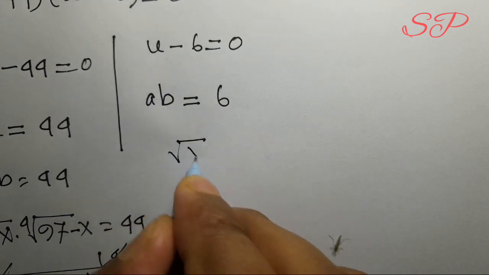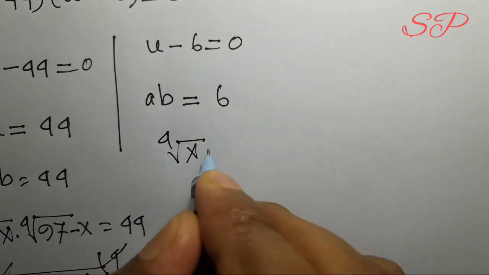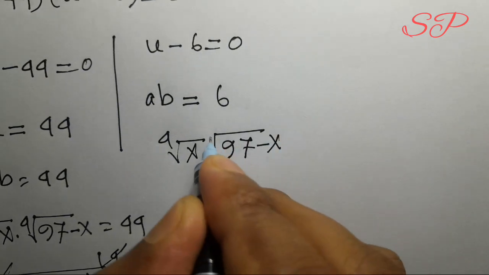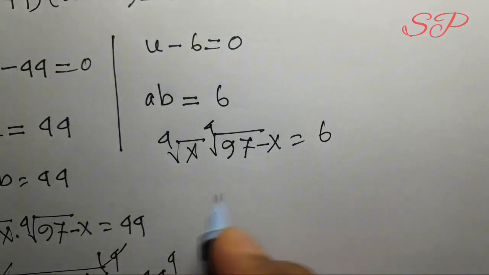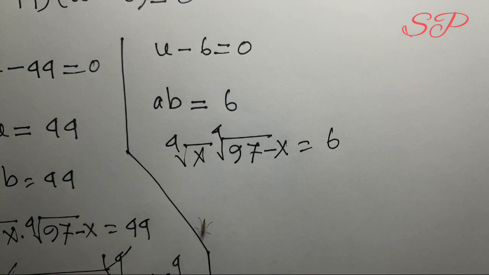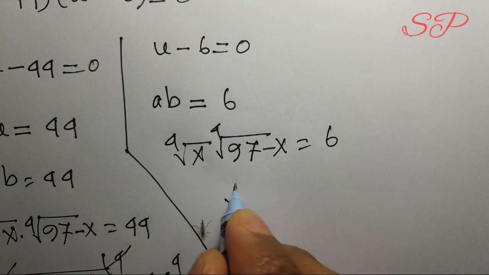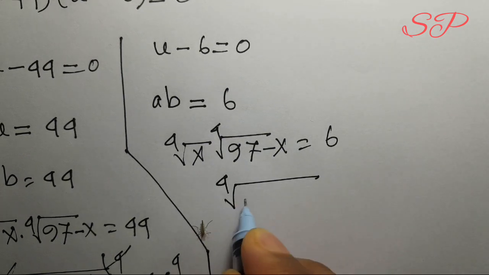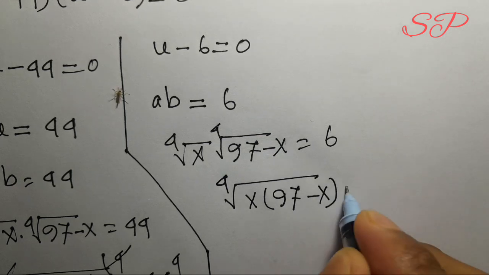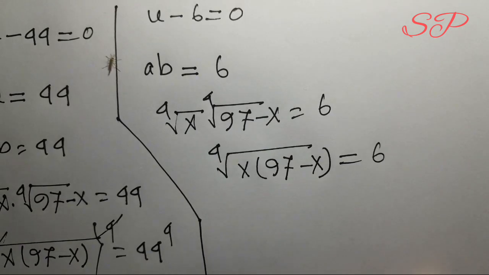Again, we can write the fourth root of x into 97 minus x is equal to 6.